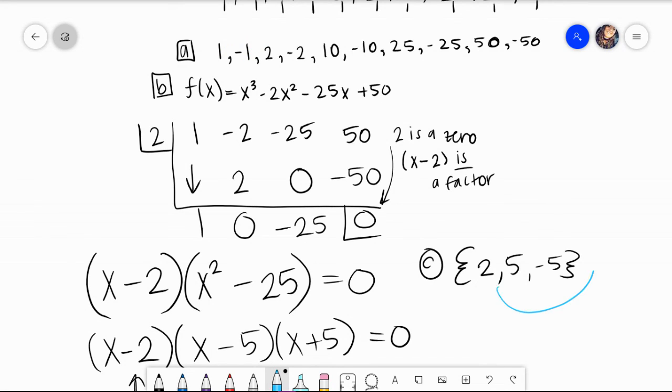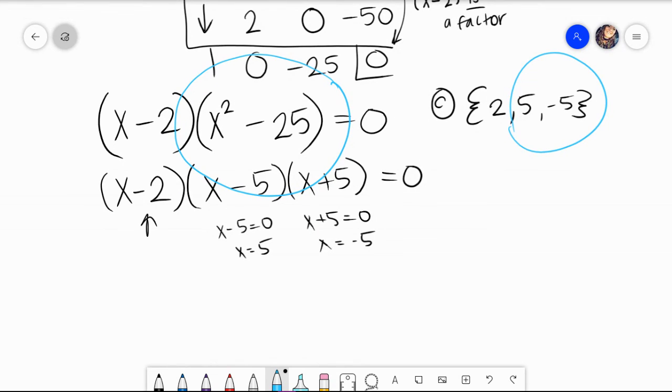And I know that here I got a 5 and negative 5, and these values don't even have 5 listed. That is because of the form of your other factor. When you do your synthetic division, there's going to need to be more factoring done, and then it does break down into your actual zeros.